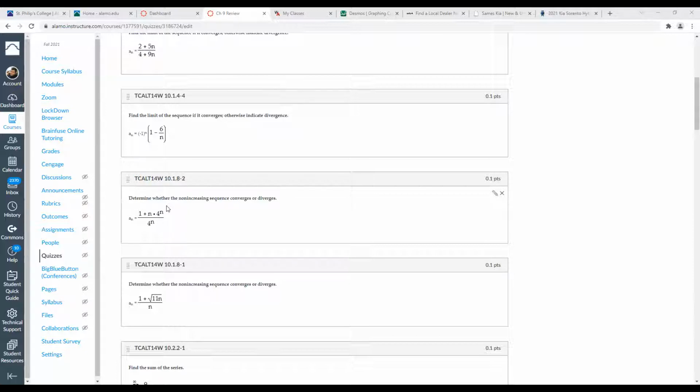So if you take the limit, let's see, what's a good way to explain it? Oh, okay. I see. Example, not number 4, right?